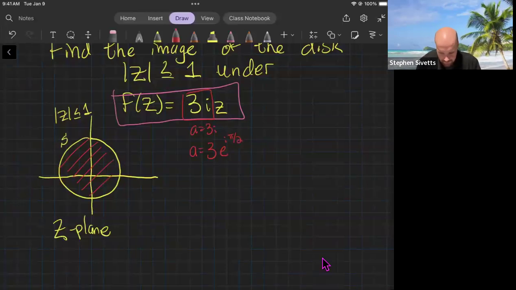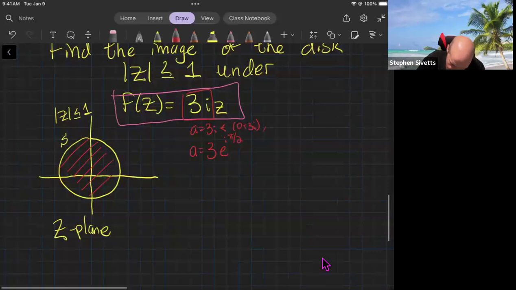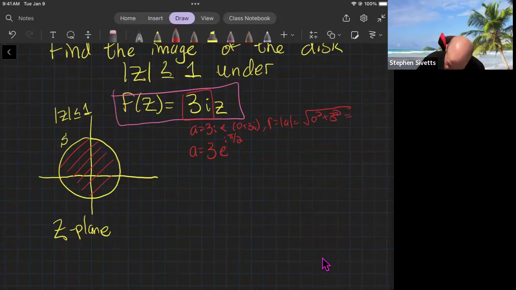The radius is 3. This complex number can be written as 0 plus 3i, and the modulus of a is the square root of 0 squared plus 3 squared, which is 3.